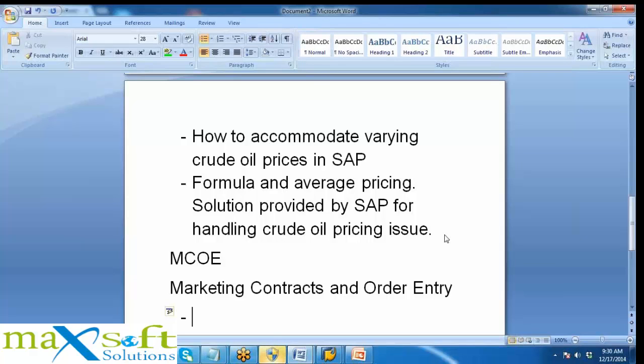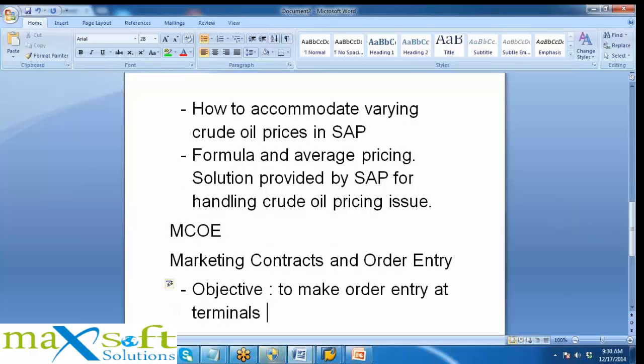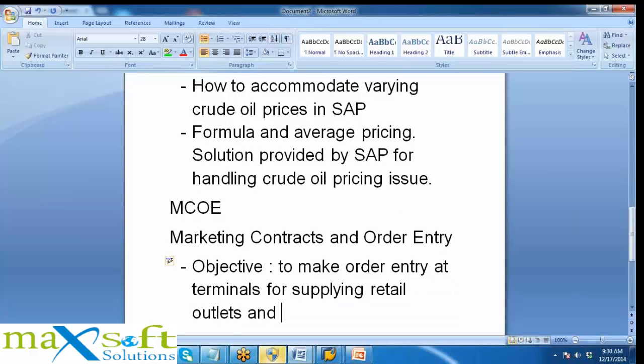The objective of MCOE is to make order entry at terminals for supplying retail outlets and other customers faster.